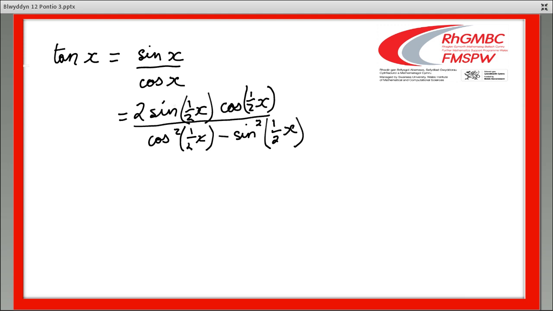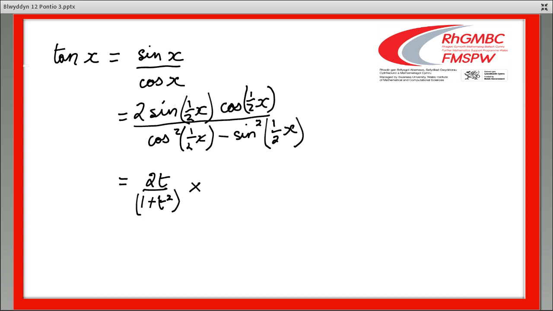So we can either substitute what we've just worked out, which is 2t over 1 plus t squared, pop the bracket around that. Now we're dividing by another fraction, so that's the same as multiplying by the reciprocal of that fraction.